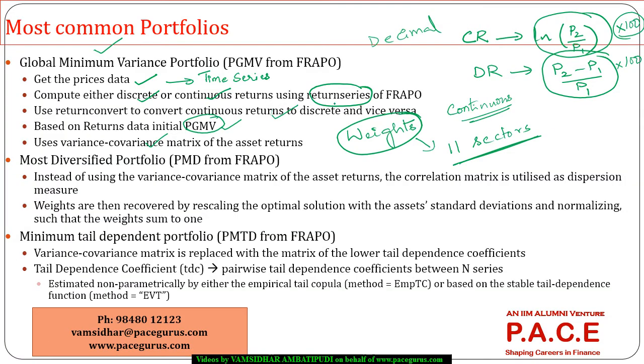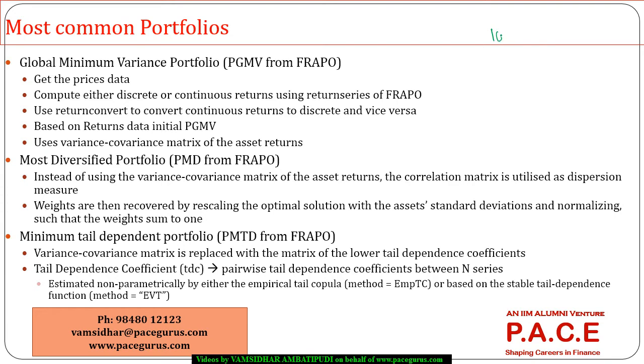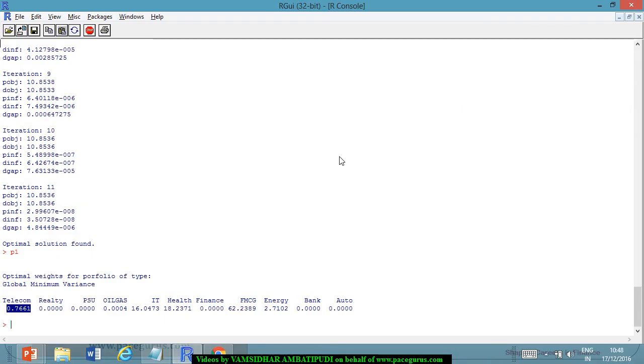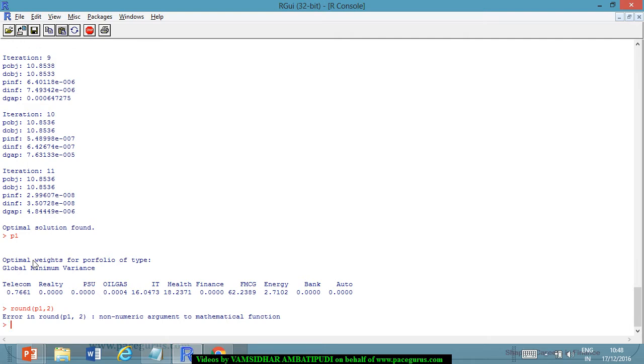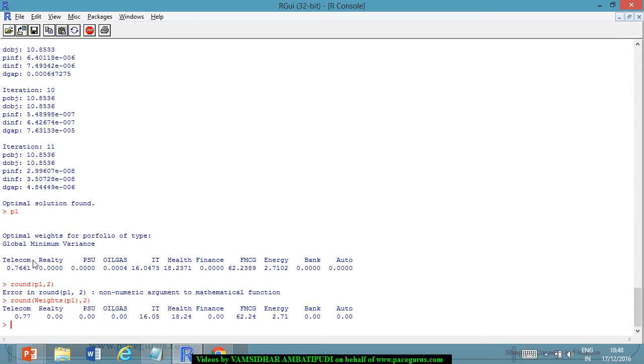So let's say if I am going ahead with 100,000, probably I could have done the rounding of the P1 to 2 digits, or probably these are the weights. So what I'll do is round weights of P1 to 2 digits. I will do that.